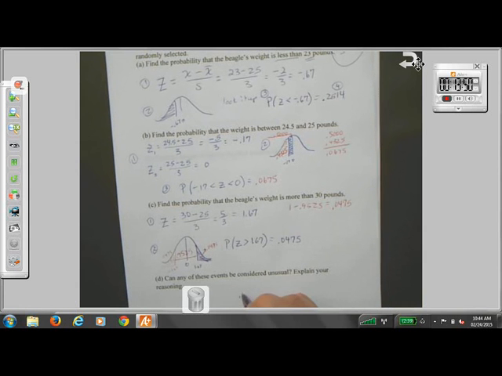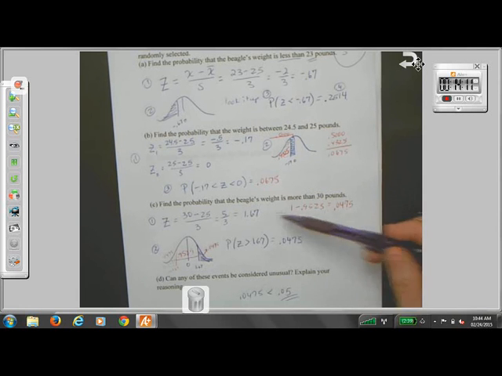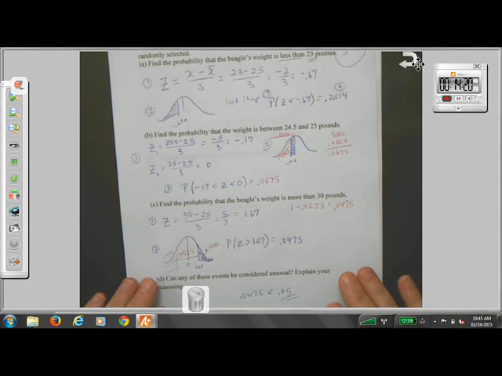Yeah, so 0.0475 is less than 0.05, which is our cutoff for unusual events. So if the probability is less than 0.05, then we say that that event is unusual. So it would be unusual to find a beagle who weighed more than 30 pounds. Pretty close to being right on it, but it's definitely unusual.